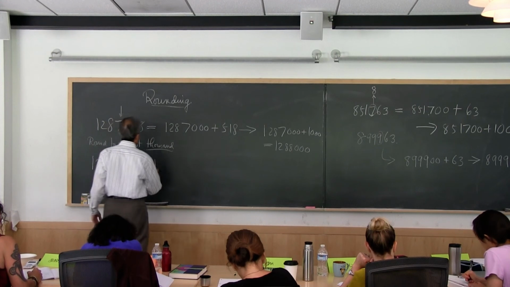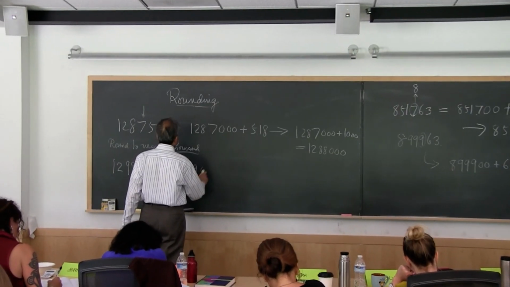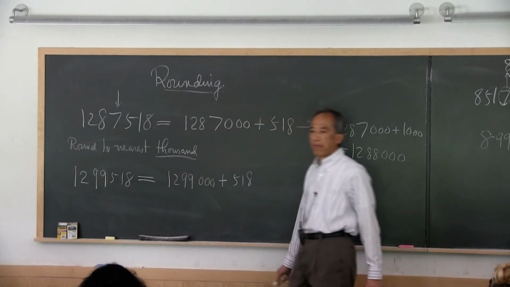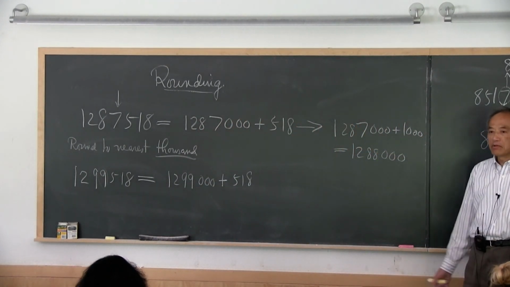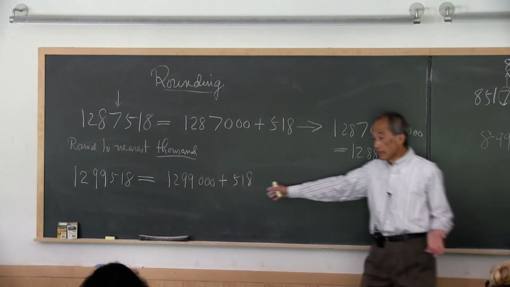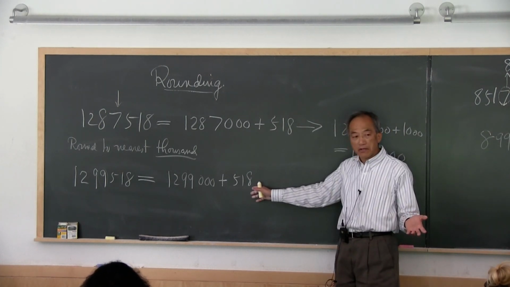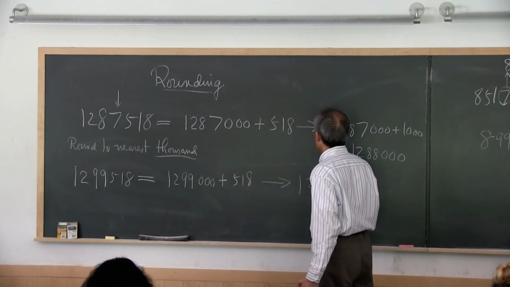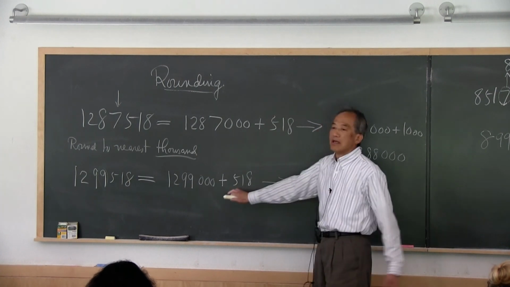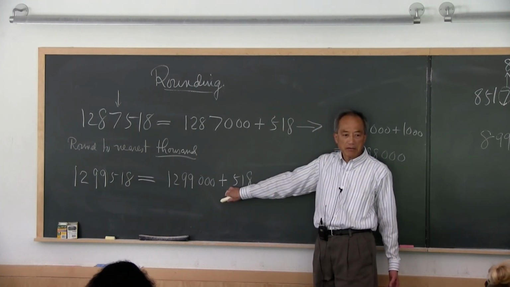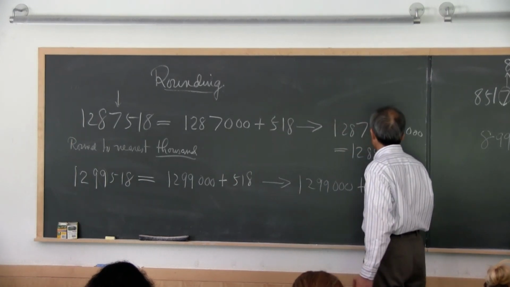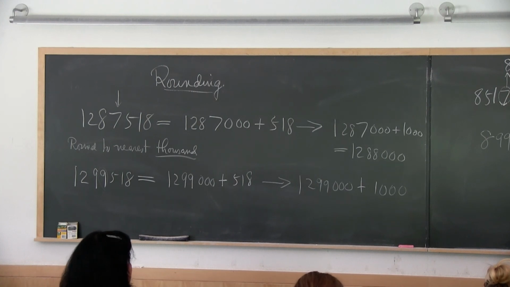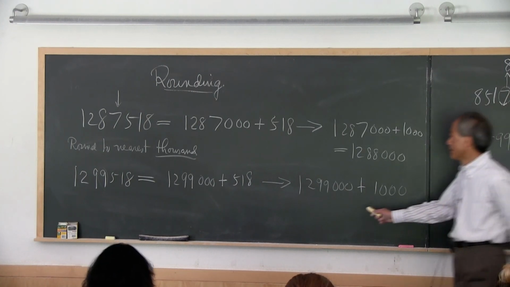All right, 1299000 plus 518. The rule says this is 500 or up. So I'm going to round it to 1299000. It gets upgraded to 1000. When you do that, then you know exactly what you get, right?